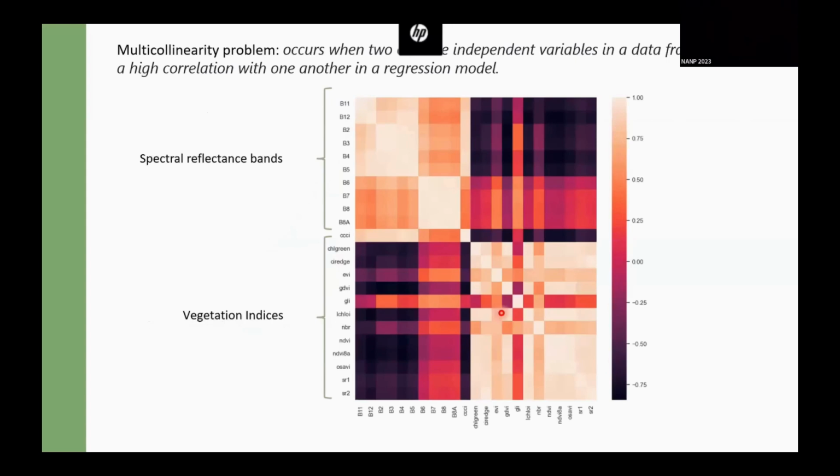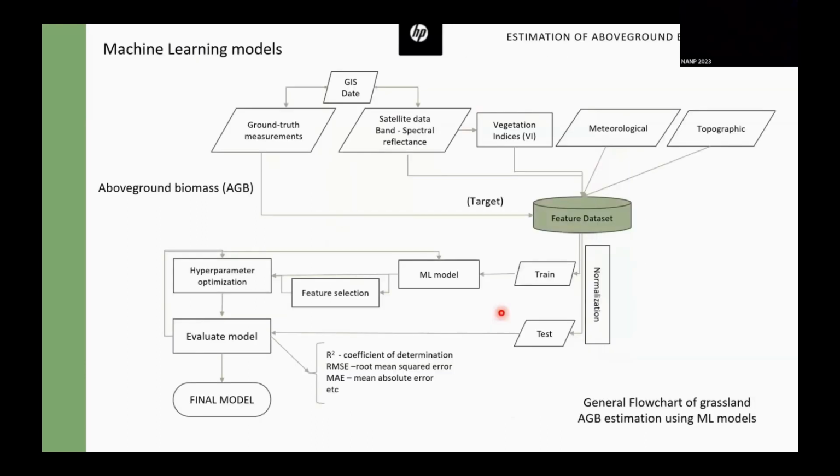For instance, here is a heat map among the satellite spectral reflectance bands and vegetation indices. As you can see, the spectral reflectance bands are highly correlated with themselves, as well as with the vegetation indices, because the vegetation indices use the spectral reflectance to be calculated.